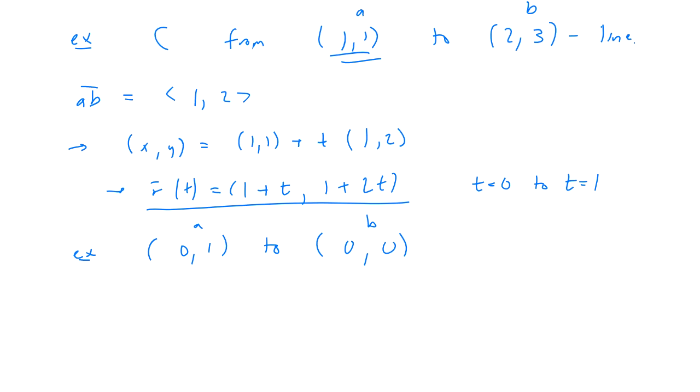And if I put in t equals 1, I get the point I end with. So if I do the same thing here, AB would be 0 minus 0, so 0, and 0 minus 1, so the displacement vector is 0, negative 1. And therefore x, y is equal to the point I start with.